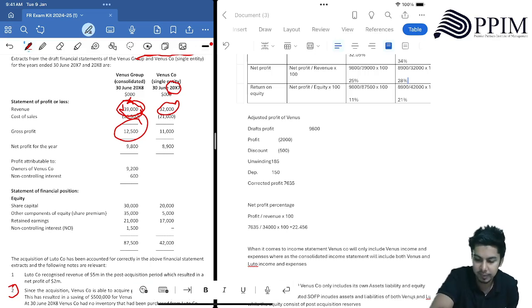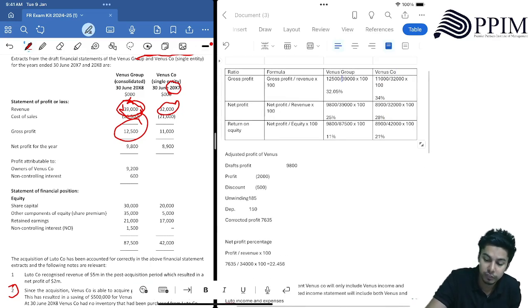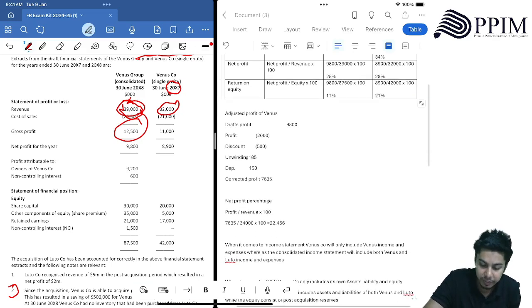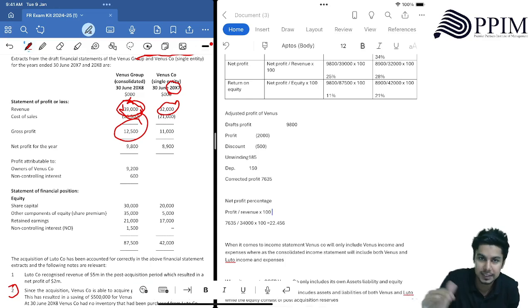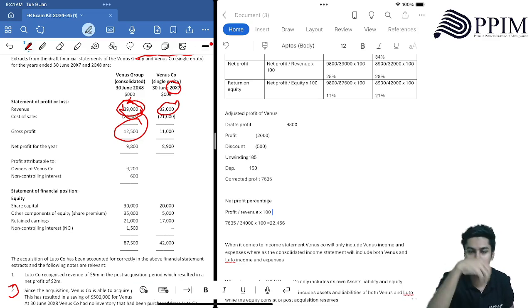Overall, what has happened from Venus Co to Venus Group is that it has fallen, and even when we remove Luto's performance, it has still fallen. So why has the net profit ratio fallen? First one, there is a fall in the gross profit ratio, which has contributed to the fall in net profit ratio.